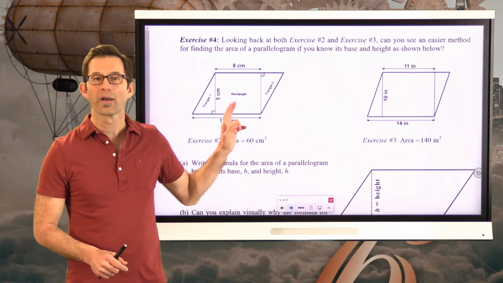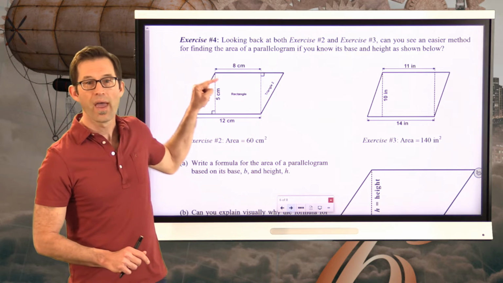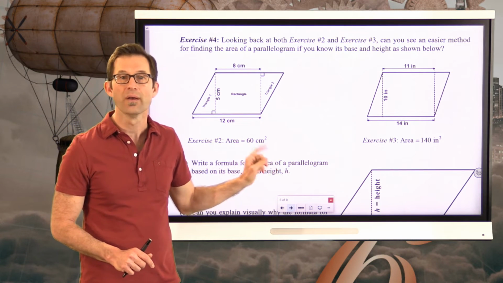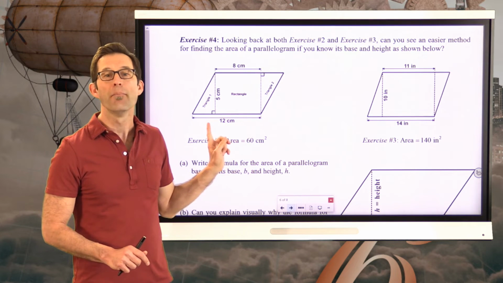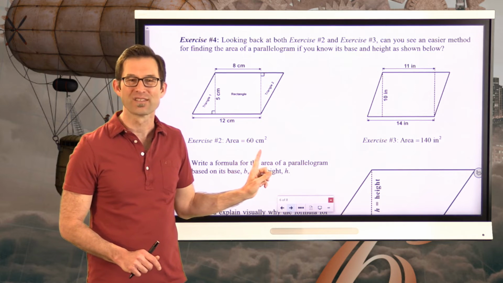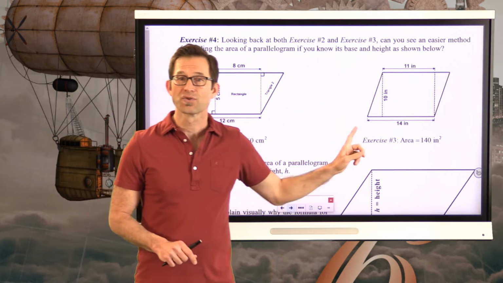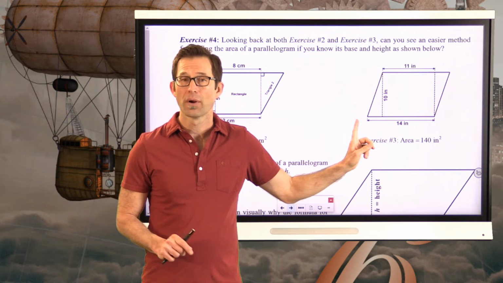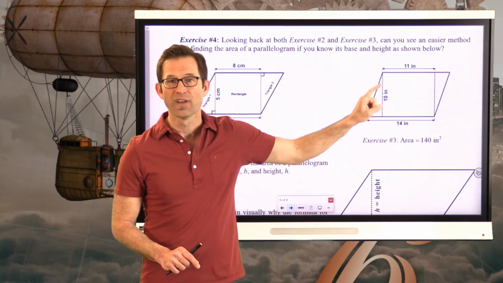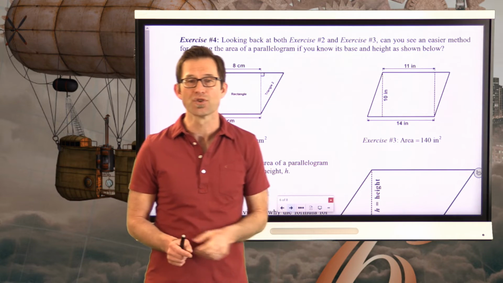Right here, for exercise number 1, we had a parallelogram whose base was 12 centimeters and whose height was 5 centimeters, and we found its area was 60 square centimeters. For the next exercise, exercise 3, we had a parallelogram with a base of 14 inches and a height of 10 inches, and its area was 140 square inches.